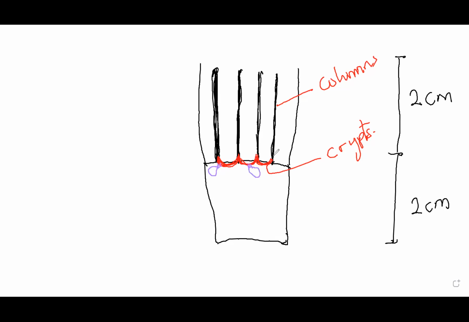They are tiny glands. They are not as big as what I'm drawing. It's just to demonstrate. They are tiny glands that open into these anal crypts. They secrete mucus. And of course, if you remember the, what do you call it?